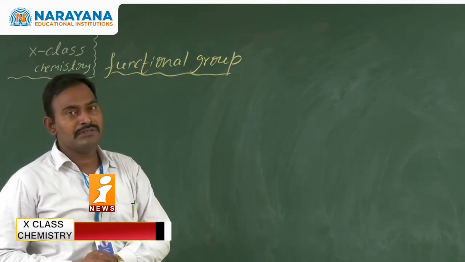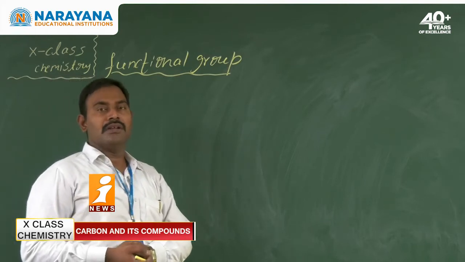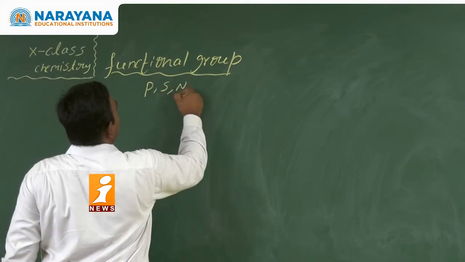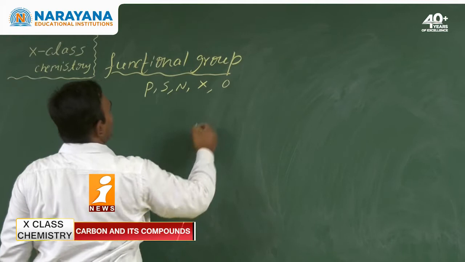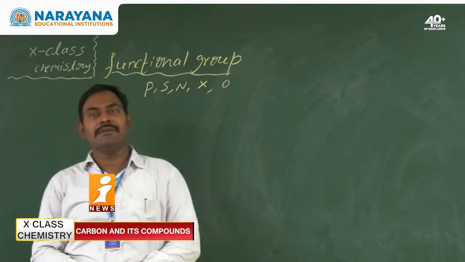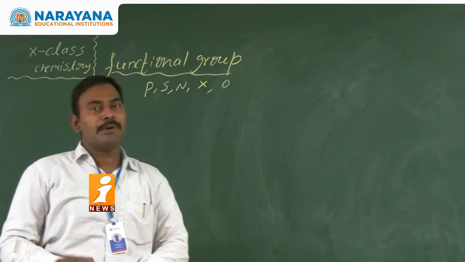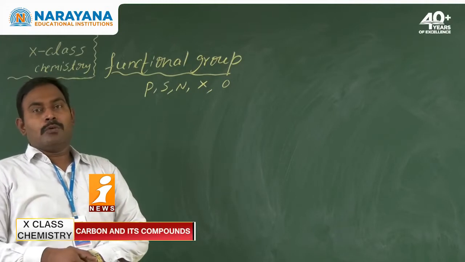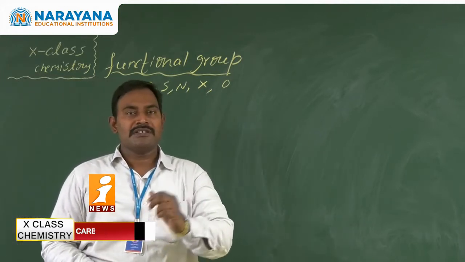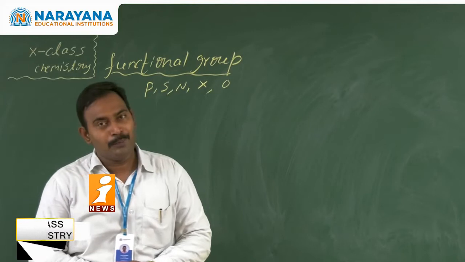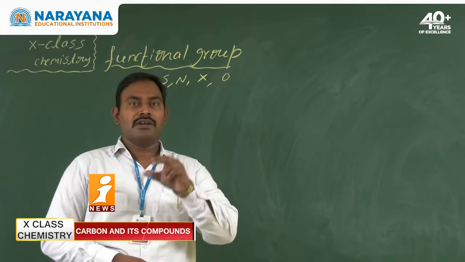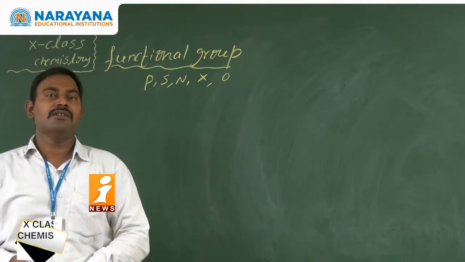Heteroatoms have more electronegativity and reactivity, like nitrogen, phosphorus, sulfur, halogen and oxygen. These form a particular group, and that group decides the properties of the compound. The characteristic properties of the organic compound depend upon the atom or group of atoms, which is known as the functional group.